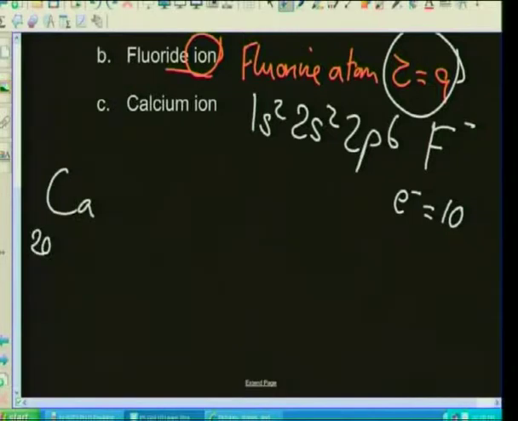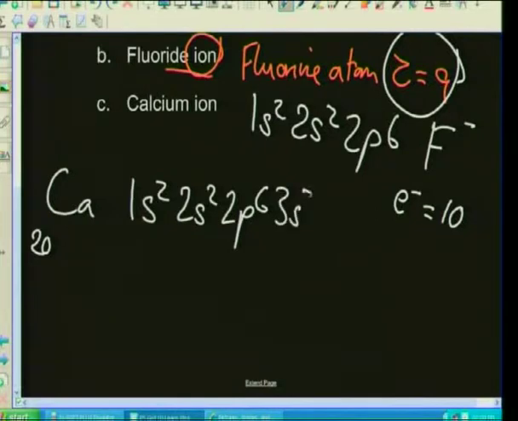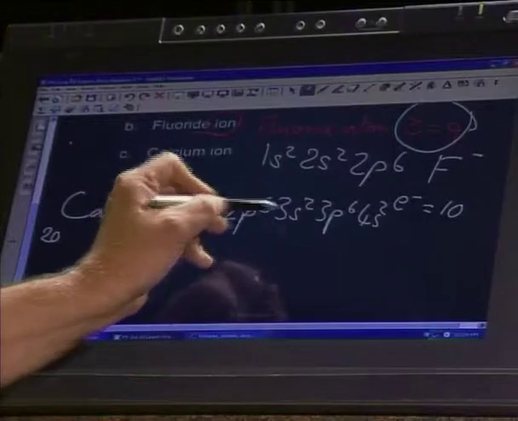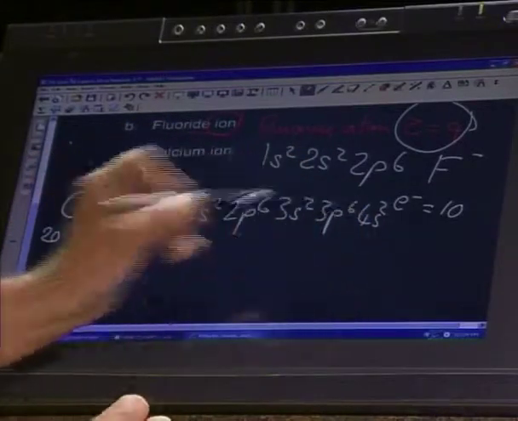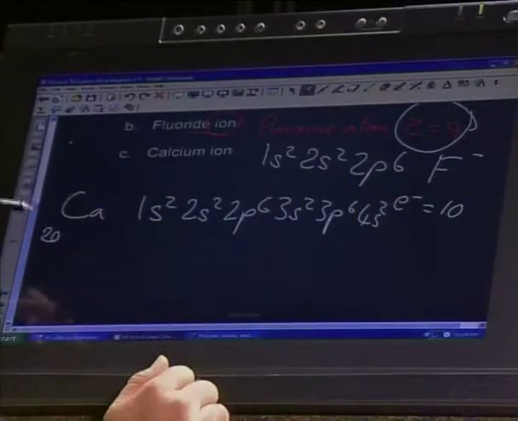Now notice something here: if we distribute for the calcium atom, 1s2, 2s2, 2p6, that gives us 10, 3s2, 3p6, 4s2. Sorry, that's another 8, so that gives us 20. We've got it right. Up to there is 10 plus another 10, you get your 20.